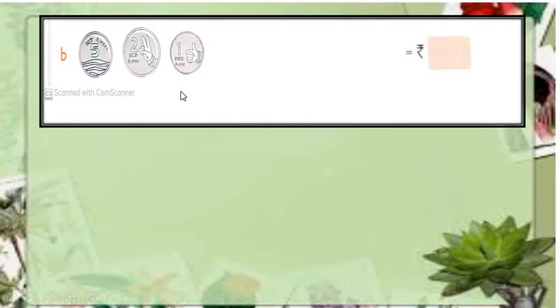Let's make the total. 5 plus 2 plus 1. 5 plus 2, 7. 7 plus 1, 8.